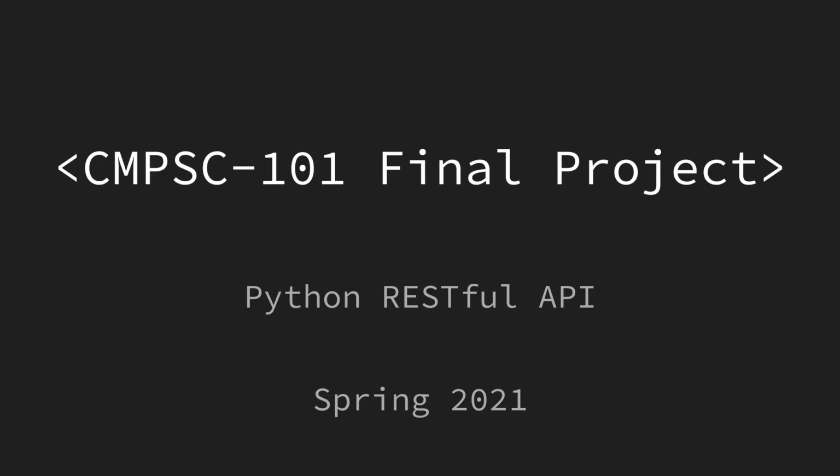And RESTful has to do with the fact that this can be done through HTTP requests, or URLs as they're commonly known. This is interesting because you can really power a website with this kind of thing. And in this project, you'll see that I power a front-end website with a back-end RESTful API using Python.